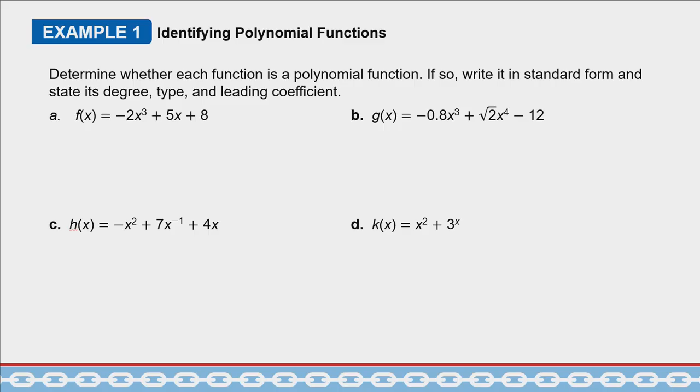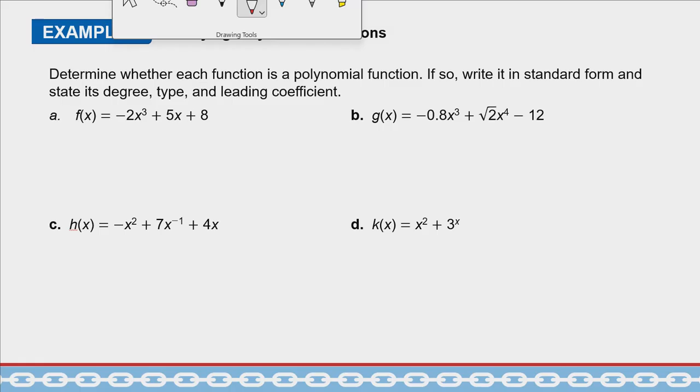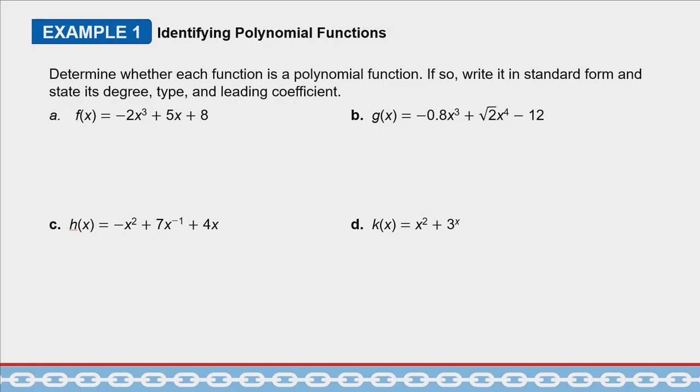So looking here at example A, negative 2x to the third plus 5x plus 8. So this is a polynomial, right? Yes, it is a polynomial because it has all positive exponents.